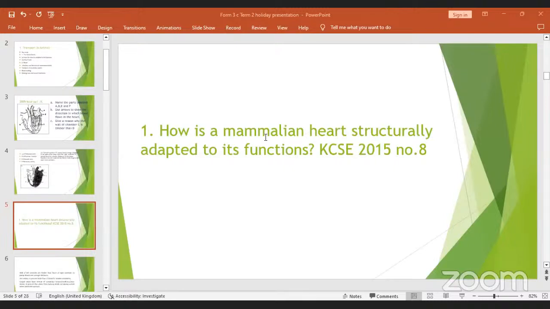You can score for that. You can still score when you say that the left ventricle is thicker than the right ventricle to pump blood over a longer distance.